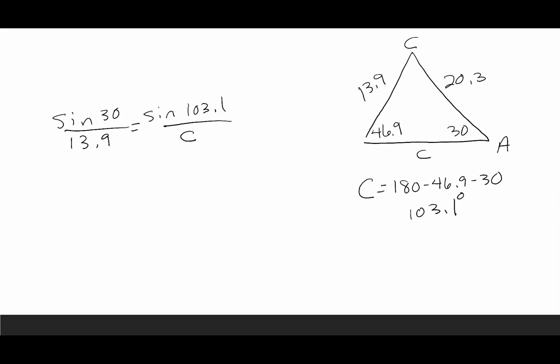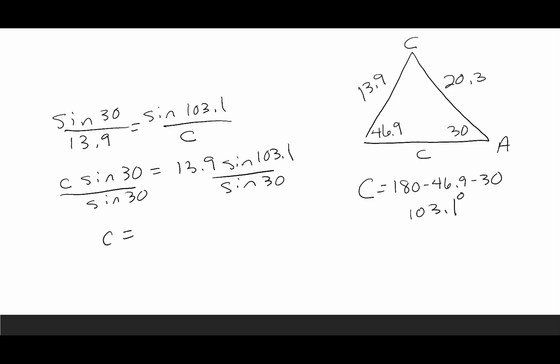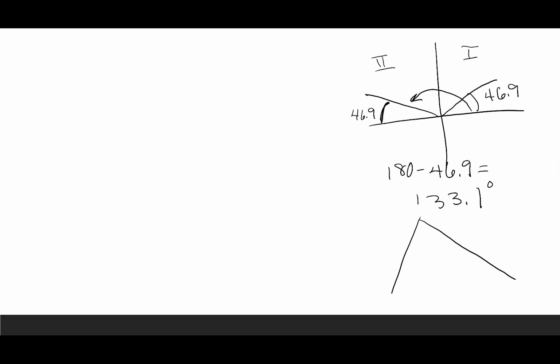Cross multiplying, I have c sine of 30 equals 13.9 times the sine of 103.1. We'll divide by the sine of 30. This says c is 27.08.